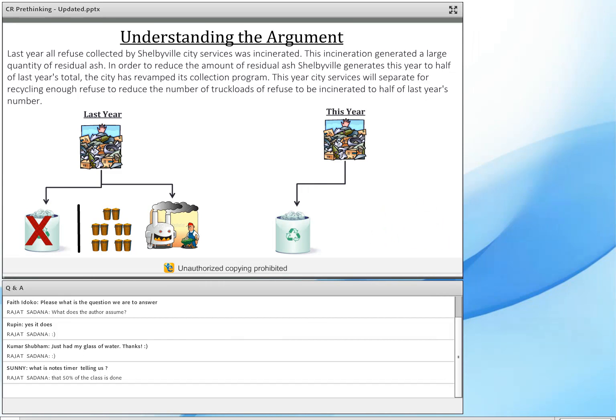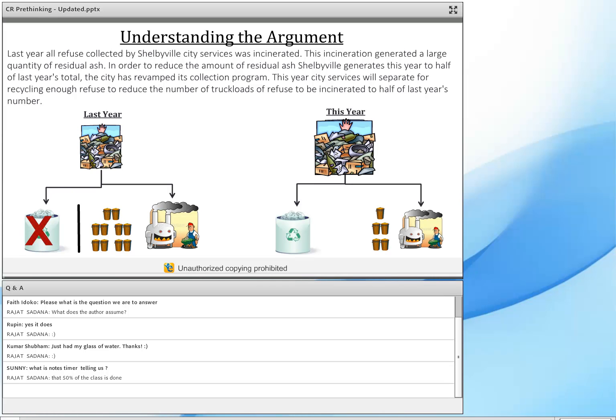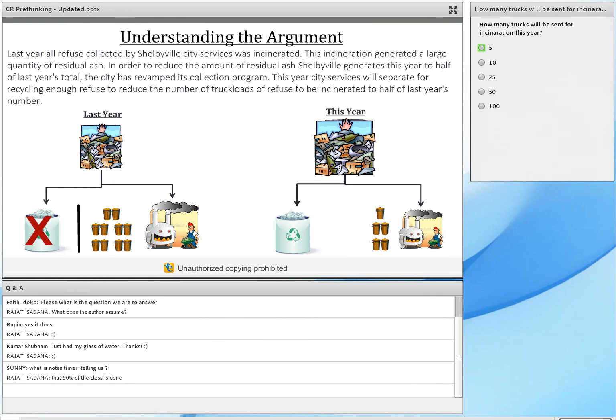Now, here is the kicker. I want to make sure I see how well you've understood. If the amount of garbage we collect this year is 10 times as much, in that case, how many truckloads do you think we'll send for incineration this year?